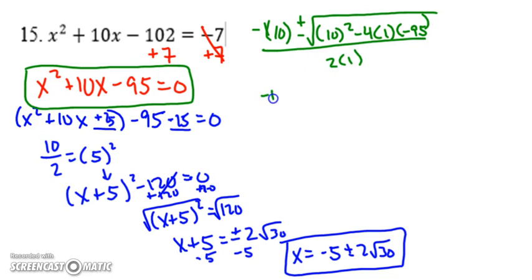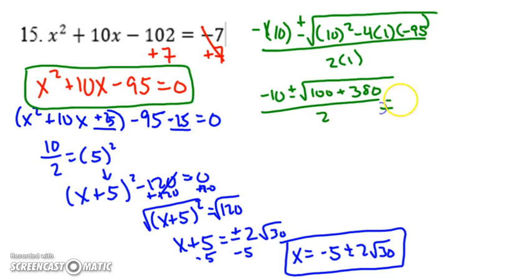So we have negative 10 plus or minus the square root, and we get 100. And then we get negative 4 times 1 times 95. And when we multiply that, we get 380. So we're going to get positive 380 here, all over 2.